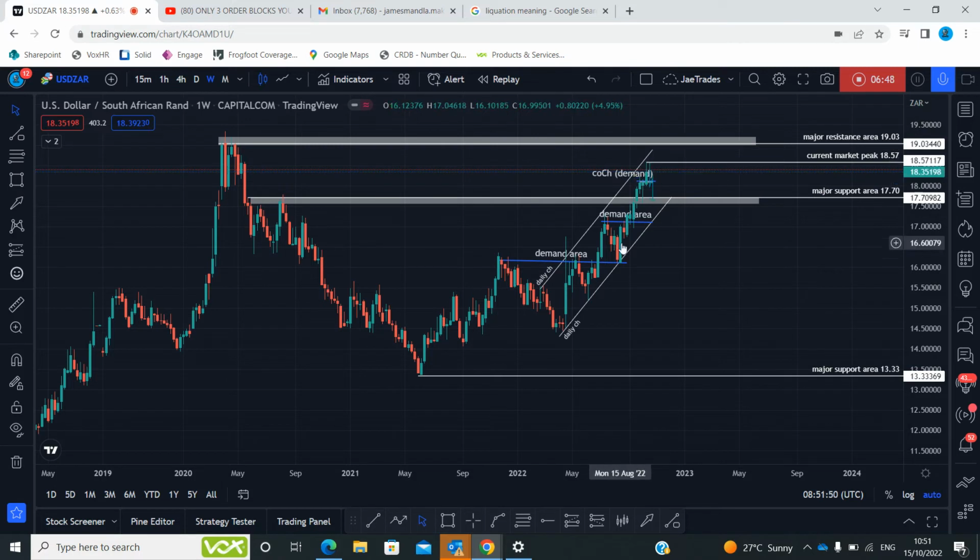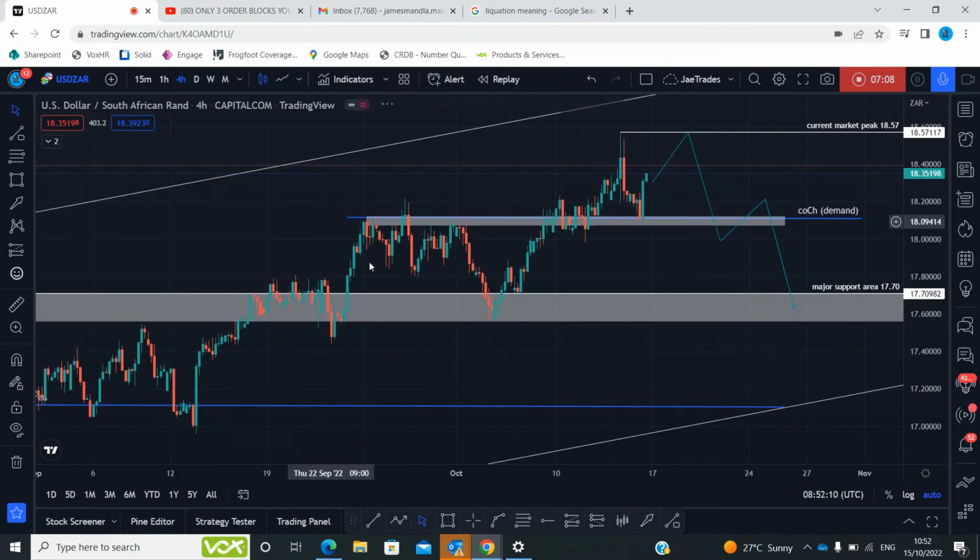But if you look at what the market is doing, it is coming back to retest those highs, right? So of course, it's a major resistance level, it's a supply level, and where the market reaches supply, we're looking to short the market. So of course, we're still looking to sell the dollar at some point in the future.